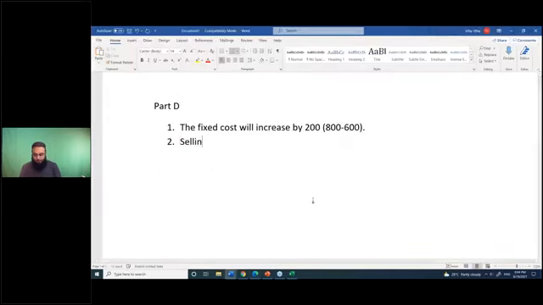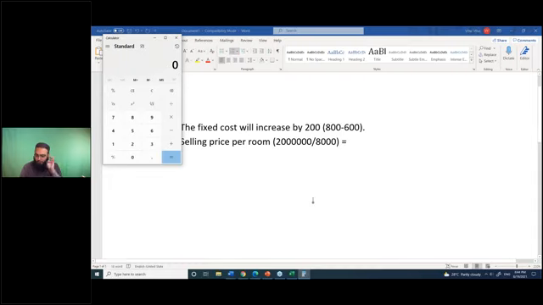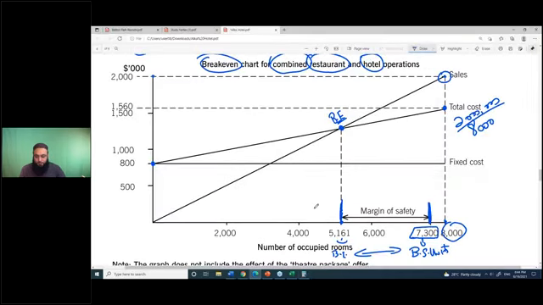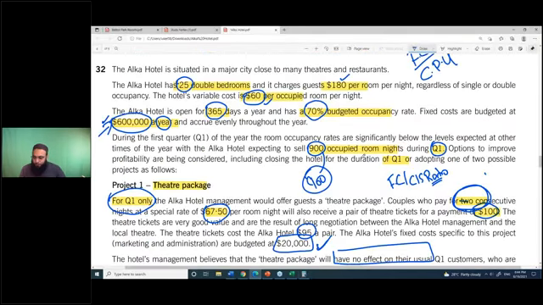selling price per room is how much? Let me work out. 250. It's 250 per room, compared to previously how much it was? 180 per room.